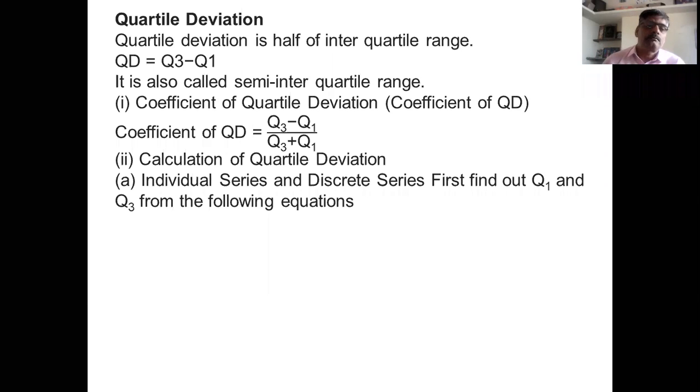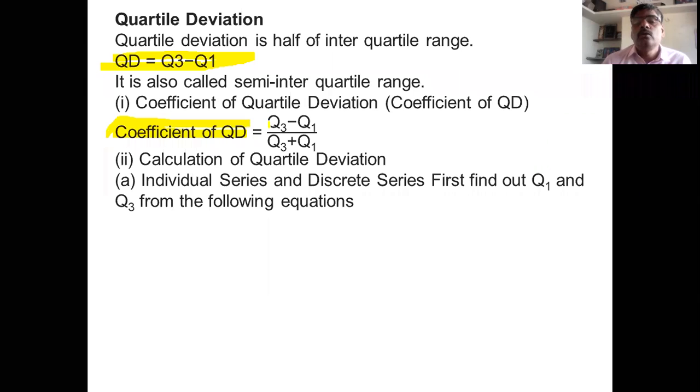QD is an absolute measure, Q3 minus Q1, which we can express in physical units. The coefficient of quartile deviation is to be expressed in a relative form, so it is a relative measure.